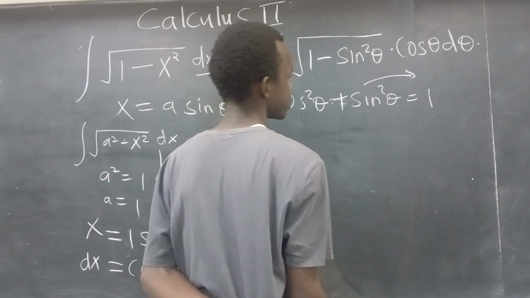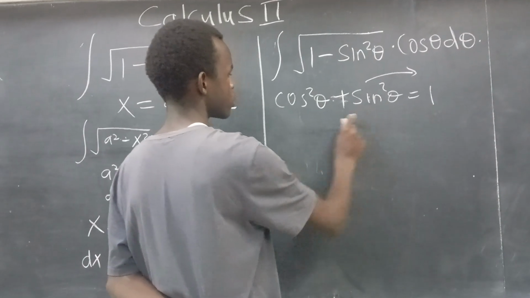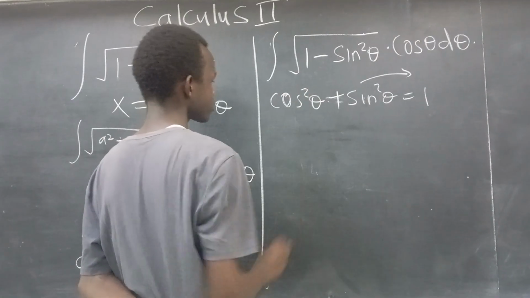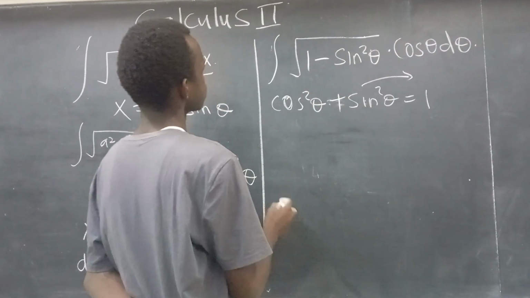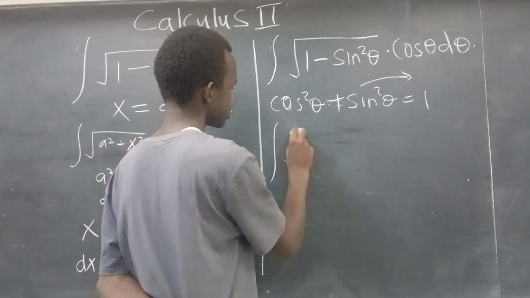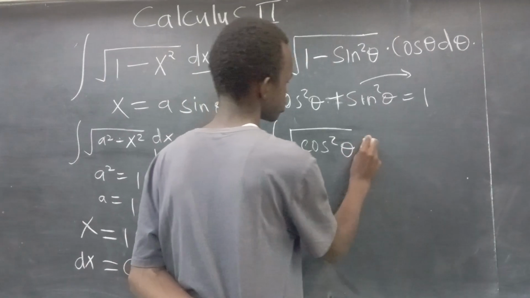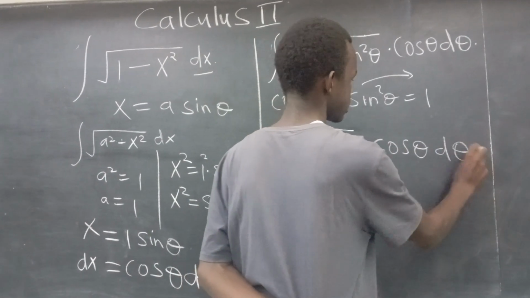Taking sine squared of theta to that side, I get 1 minus sine squared of theta is the same as cos squared of theta. So I'll get the integral of the square root of cos squared of theta multiplied by cos theta d theta.